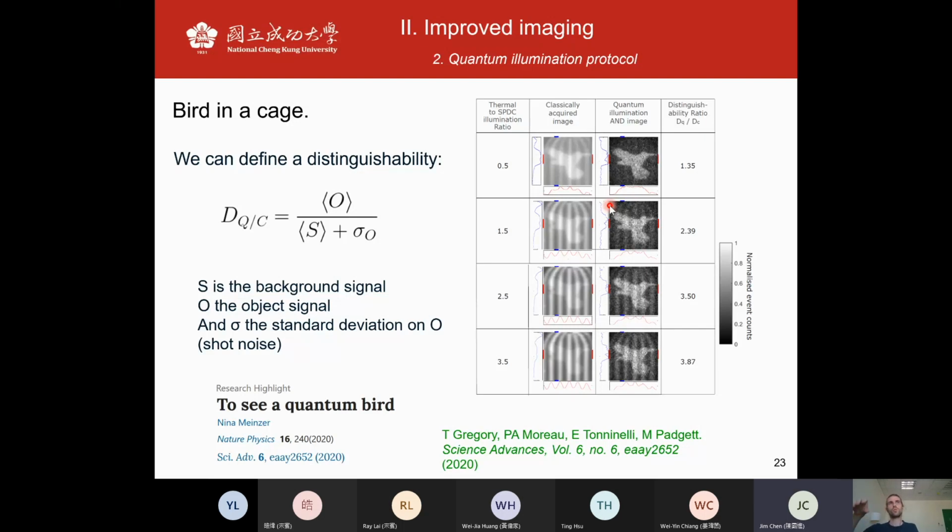The measured Schmidt number here is about 5,000, so that's the dimensionality of the entanglement. We suppose that the dimensionality of the entanglement we generate is even higher, but we are constrained by things like the pixel size to measure it. So I can say it's above 5,000 modes of entanglement, Schmidt modes.